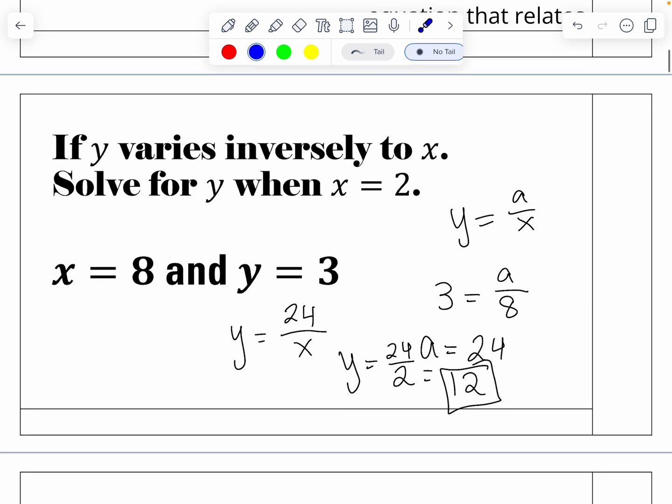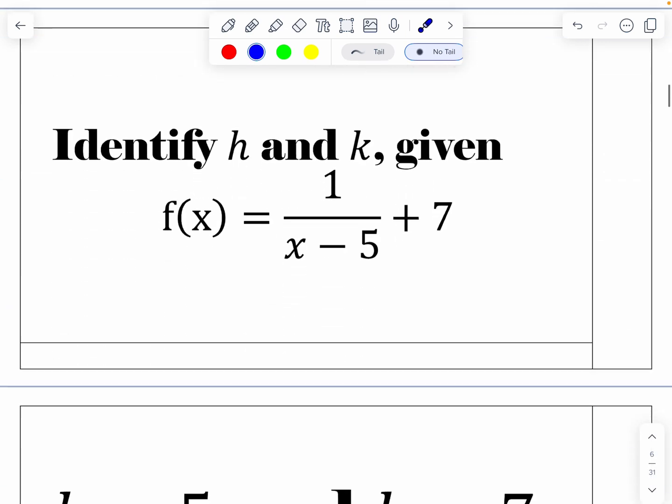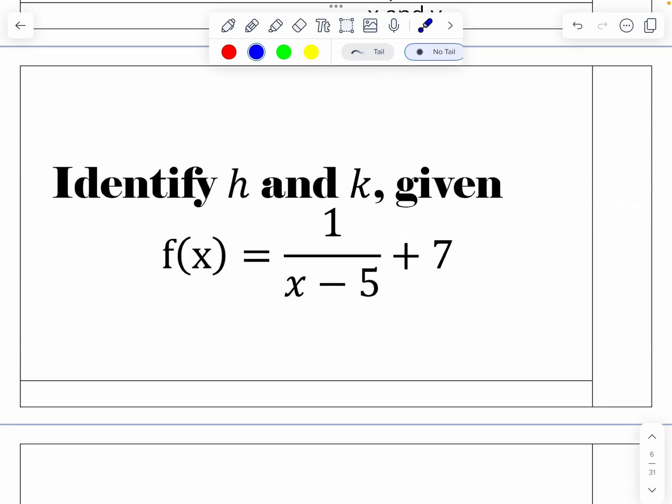For our review game, now we're going to talk about something we also covered very soon after spring break, which was how we graph rational functions, using more often than not this type of equation. When we were graphing, I had y'all identify h and k. h will always be attached to wherever the x is, so h is down here.